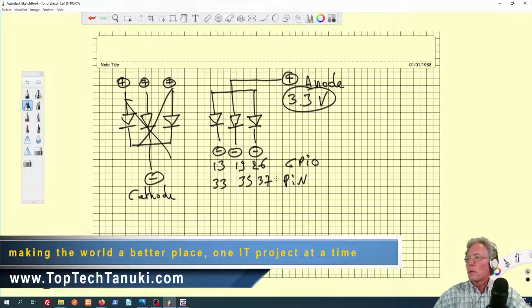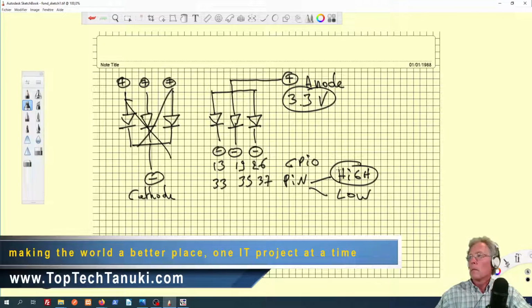The idea is that here the pin can be high or low, and we will start with high.